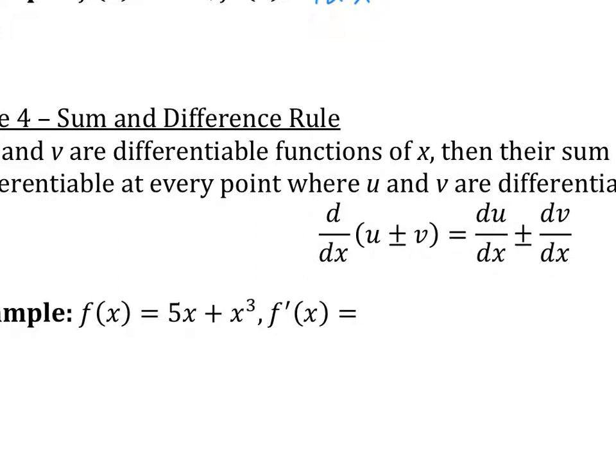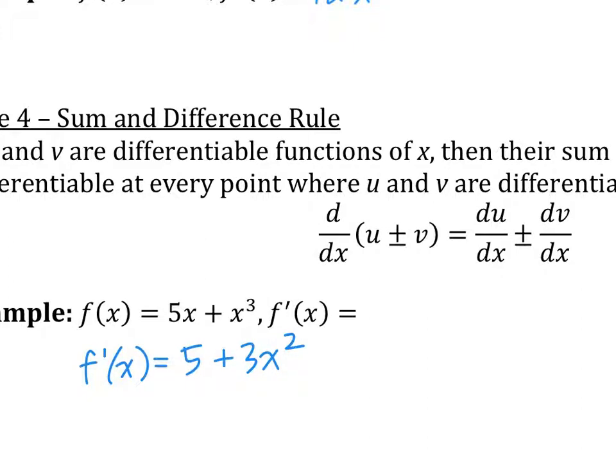So what is the derivative of just 5x? Yes, 5. What is the derivative of x cubed? 3x squared. Take the power, put it in the front, take the power, subtract 1.